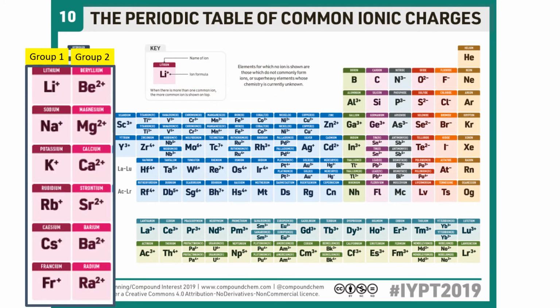So, an atom of an alkali metal in group 1 loses one electron and forms a cation with a 1 plus charge. And an alkaline earth metal in group 2 loses 2 electrons and forms a cation with a 2 plus charge.